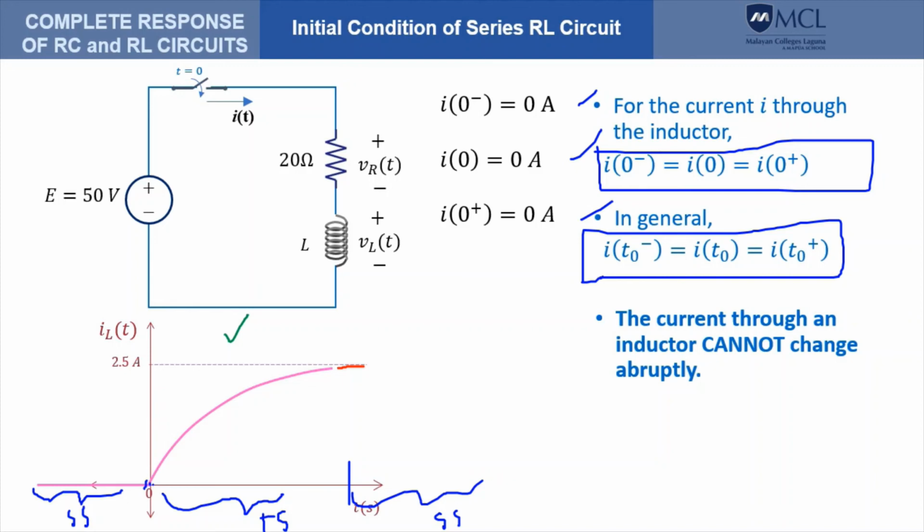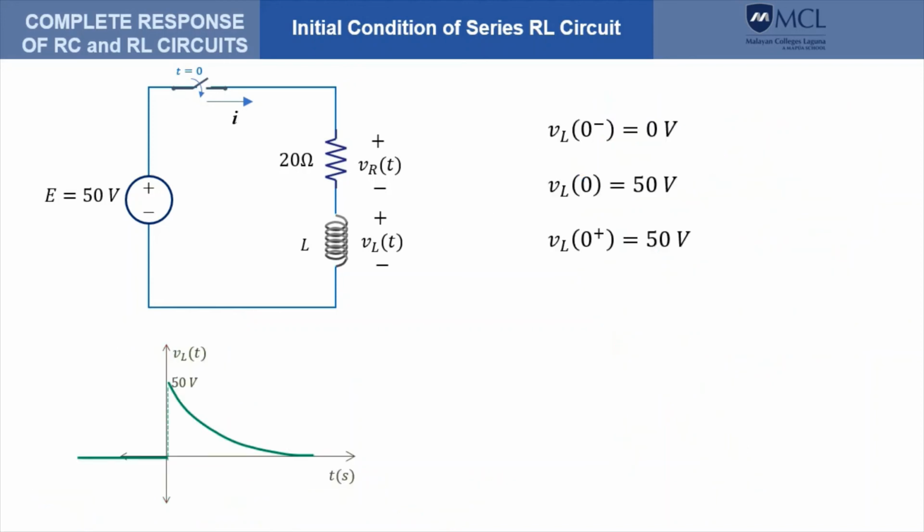The current through an inductor cannot change abruptly, because if that happens, that means we have a very large voltage across the inductor, because the voltage there is L di/dt. If current changes abruptly, you have an infinite slope, and that will give you a very large voltage. For the initial condition of the voltage across the inductor, at time before t equals 0, you get a value equal to 0.